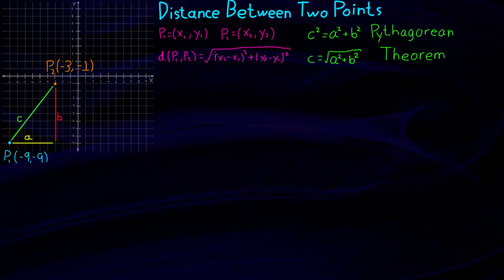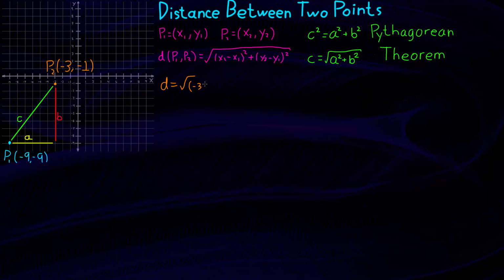Alright, so this is the distance formula, and I will quickly show you how to punch this in. So let's do that first. We've got the distance is the square root of x2, which is -3, minus -9.